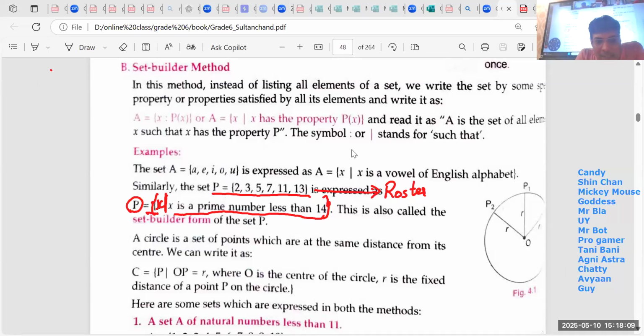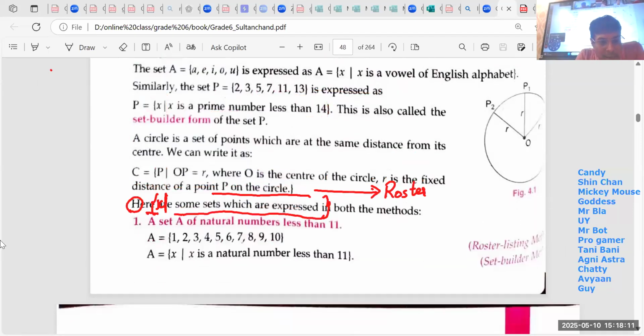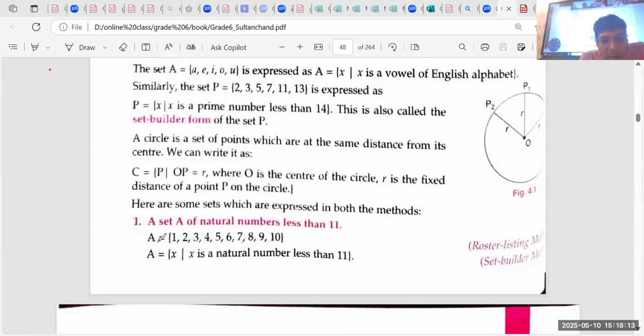So if I have to write set of natural numbers less than 11, in the roster form, I will write 1, 2, 3, 4, 5, 6, 7, 8, 9, 10 in curly braces. But in the set builder form, I will write A is equal to x such that x is a natural number less than 11.